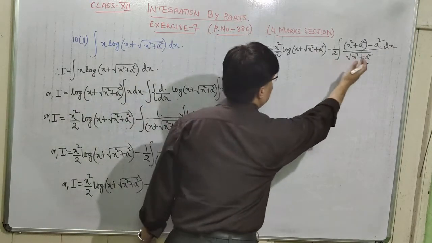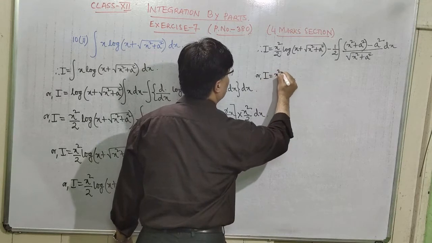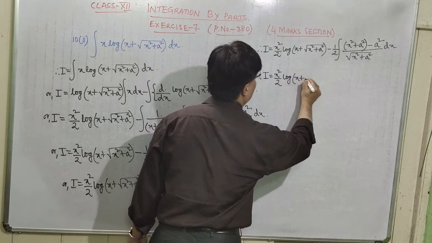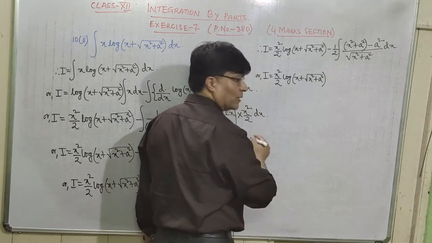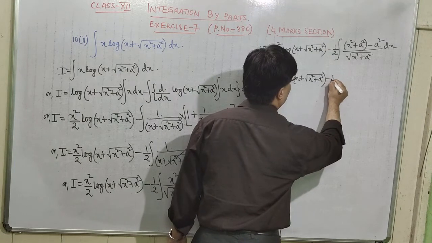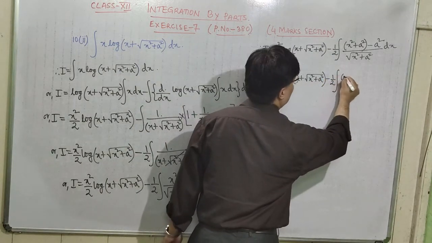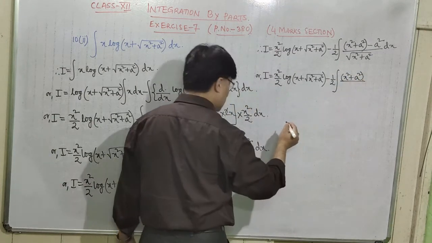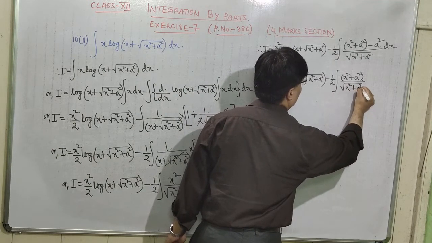So let us separate this integration now. I is equal to x square by 2 log within bracket x plus root over x square plus a square. Let us separate the term, half integral sign. How can we separate it? This is x square plus a square divided by root over x square plus a square. So minus into minus is plus, a square is a constant, taken outside, plus a square by 2, then integral dx divided by root over x square plus a square.